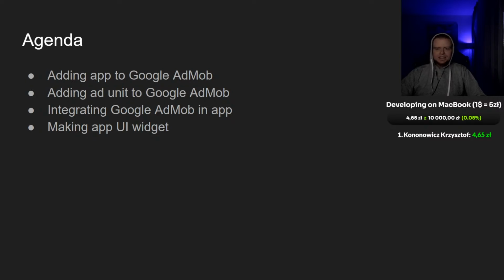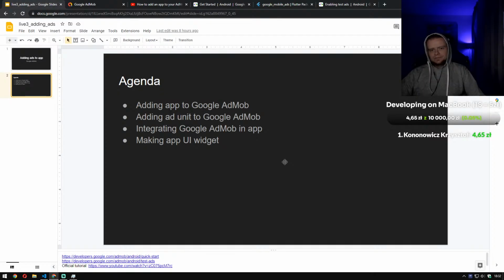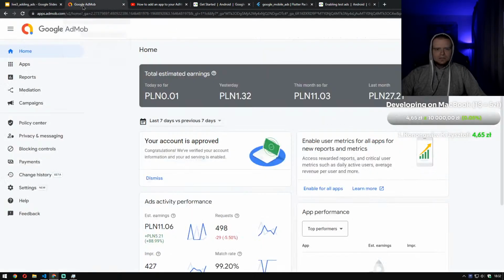in our app. So to start with adding an app to Google AdMob, first of all we need to go to our Google AdMob account, which I have here. So what is the main point of ads? Well, ads basically give you money, and therefore you can earn some money because some users can interact with ads or basically see those ads. And as you can see, I have some small earnings here.